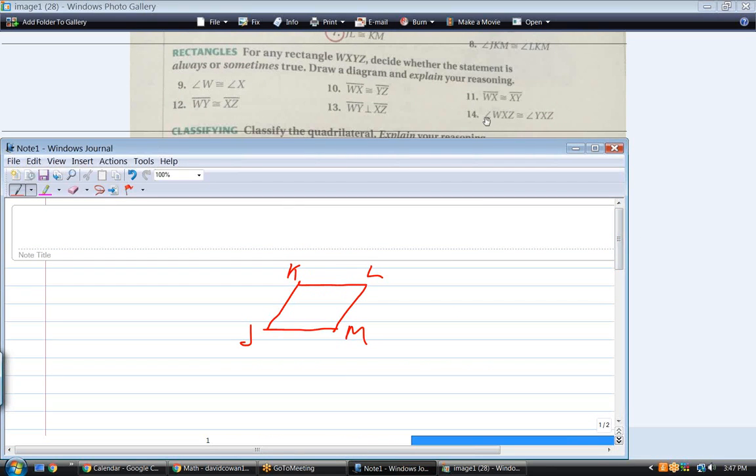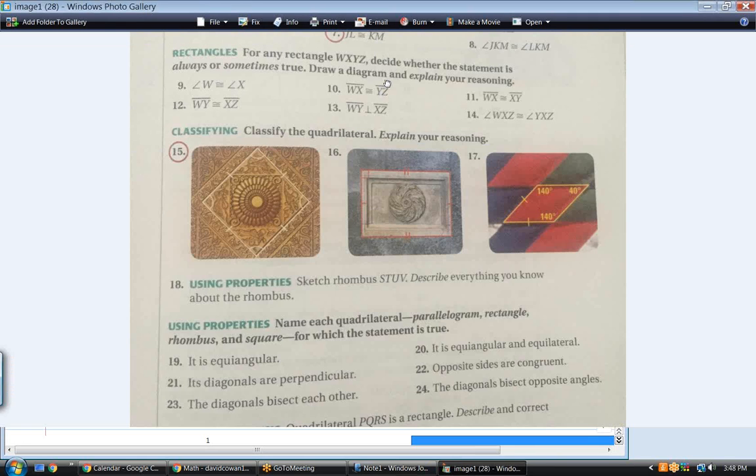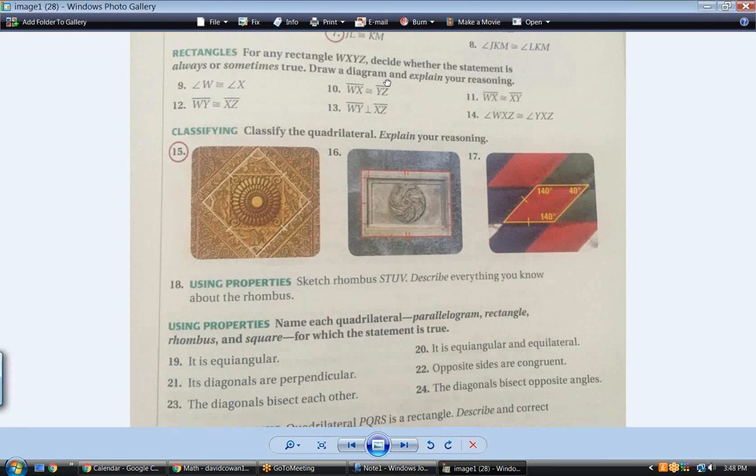If they were saying angle JKM, that angle 1 is congruent to LKM, that angle 2, for a rhombus.